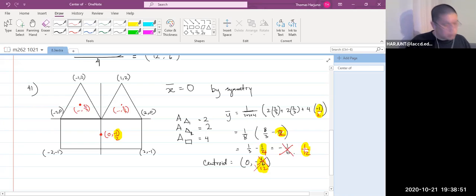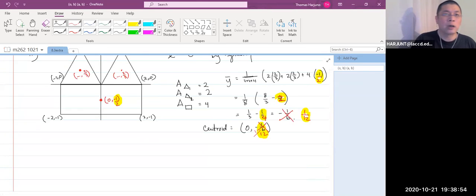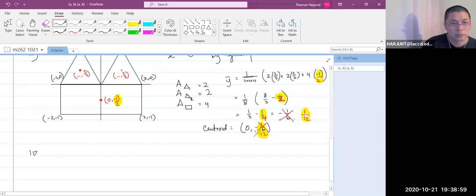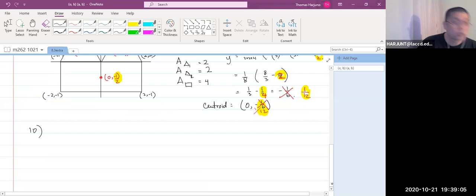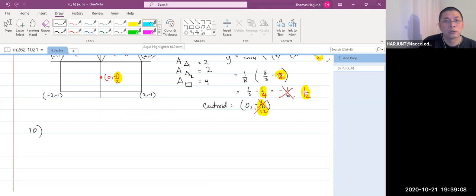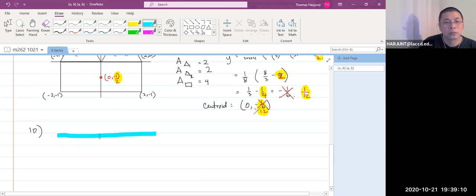Okay, that's the center of mass thingy. How about let's say we do number 10, hydrostatic force. So we have water, and you submerge a square diagonally into the water vertically.